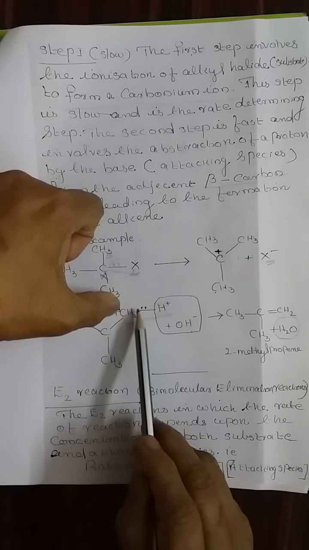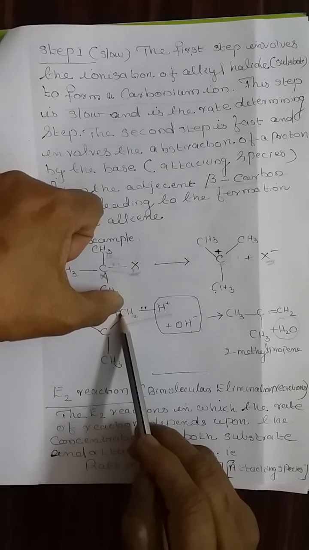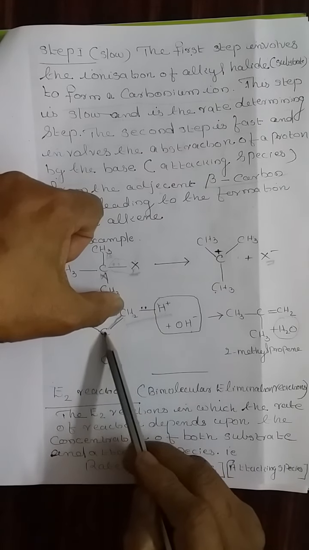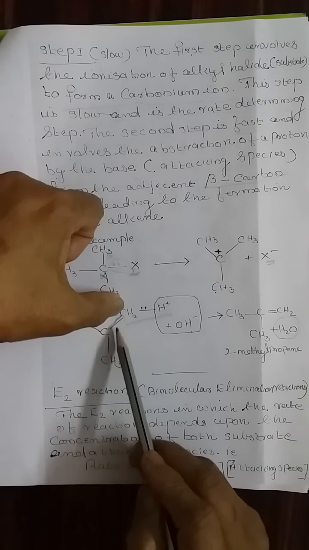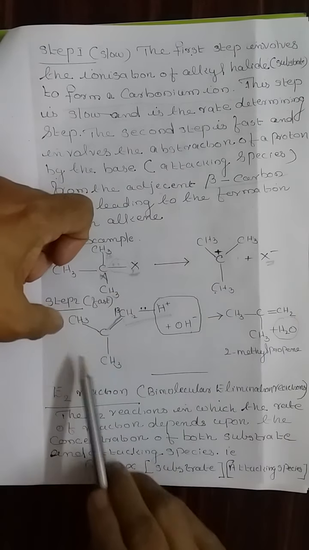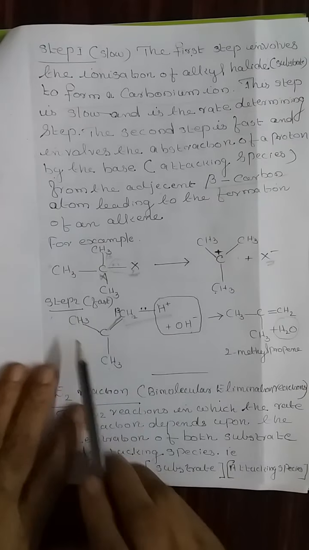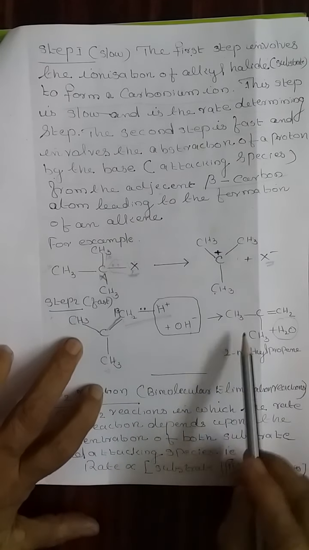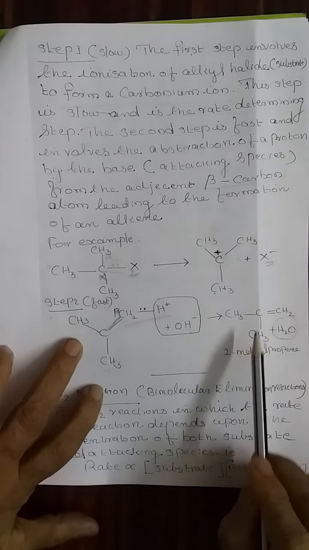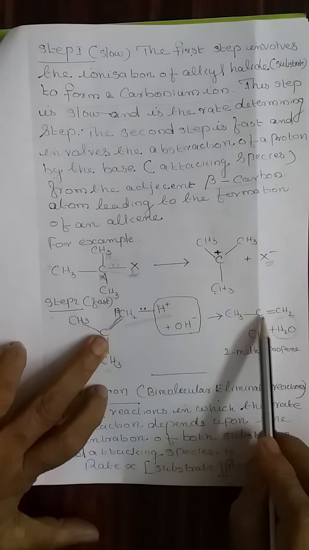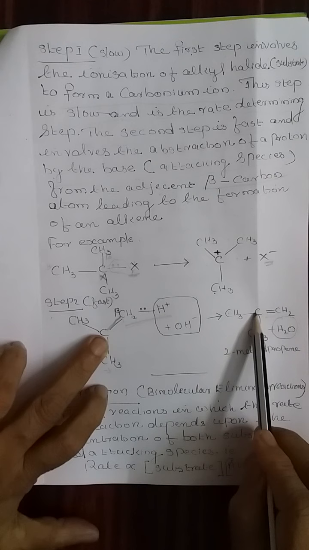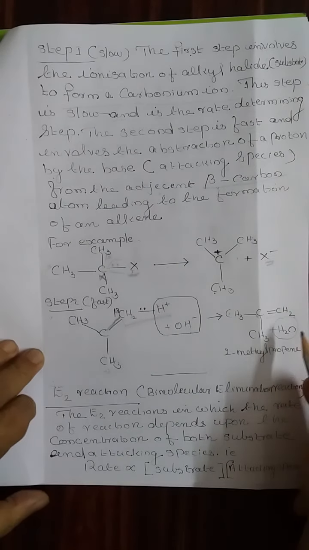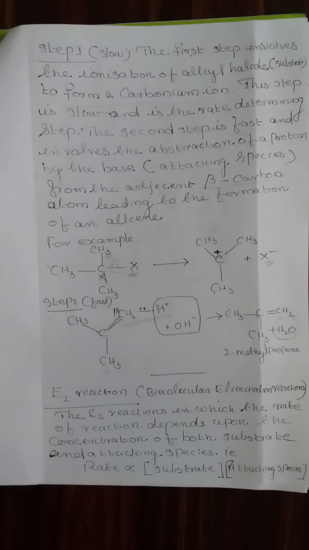These two electrons can form a bond between this carbon and this carbon. Two electrons are required for the bond formation. Therefore, this is the CH3. In the other two CH3, no change will take place. The CH3 which is connected to this carbon forms a double bond between the carbon and the CH2 group. And this is known as E1 reaction.